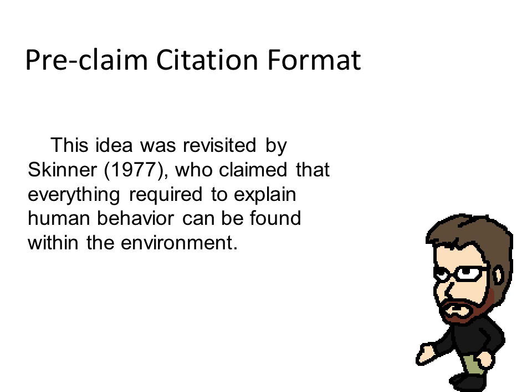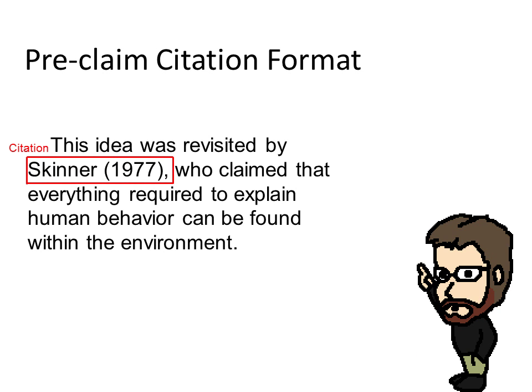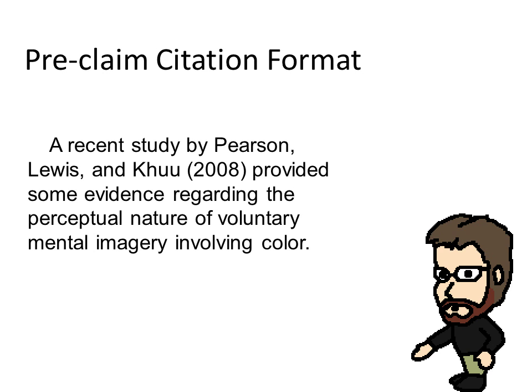If you look at this, you'll see that basically we've just swapped the position of the claim and the citation. So now the citation comes first and the claim comes after. There's really not such a big difference. Let's look at another one. You can see with this one, it's pretty much the same thing.